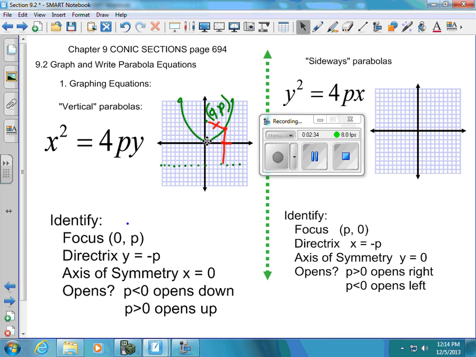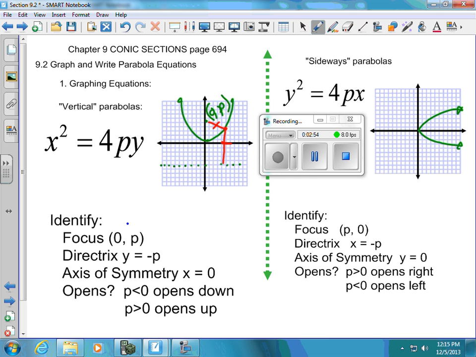Now a sideways parabola. We only graph the top half of a sideways parabola when we call it a square root function. But the sideways parabola is when we graph both sides at once. We'll show you how to do that in the calculator in a bit. For a sideways parabola, the focus is the opposite: the x and y variables switch.